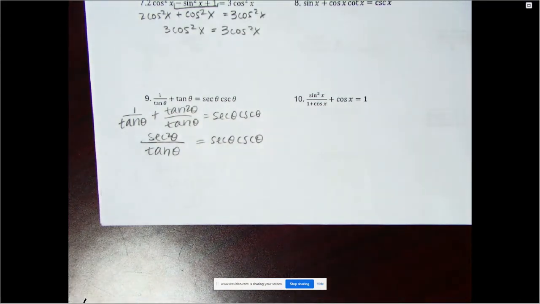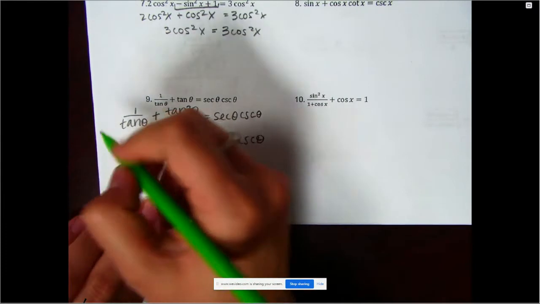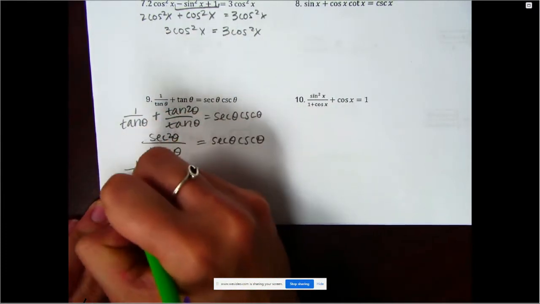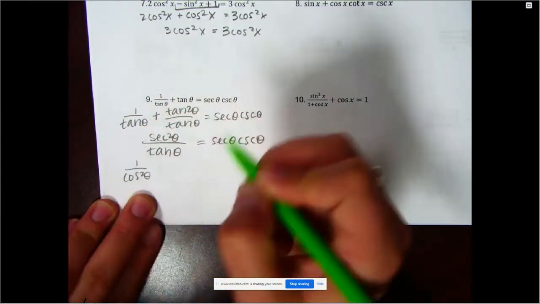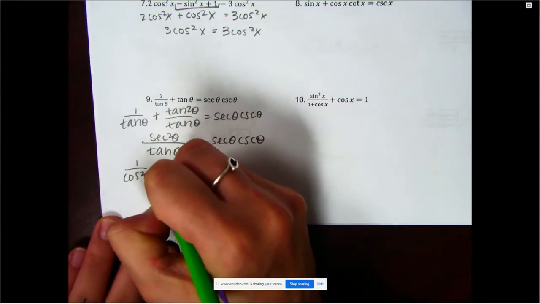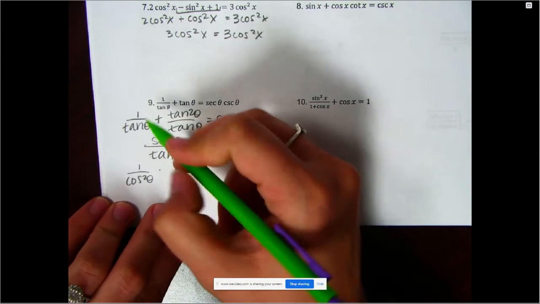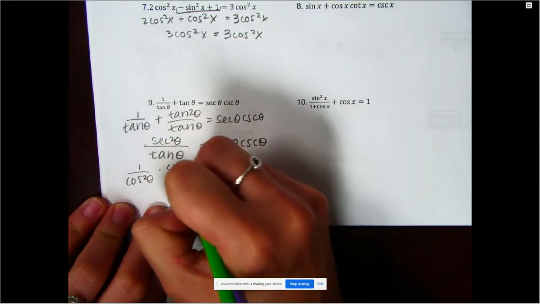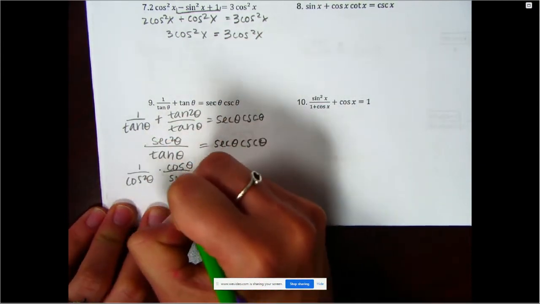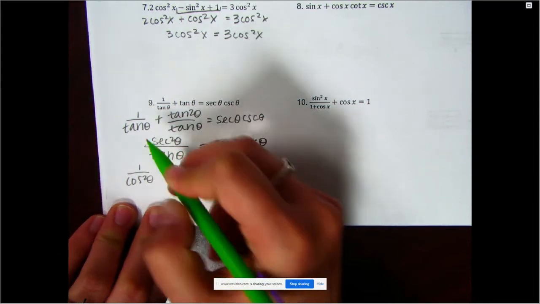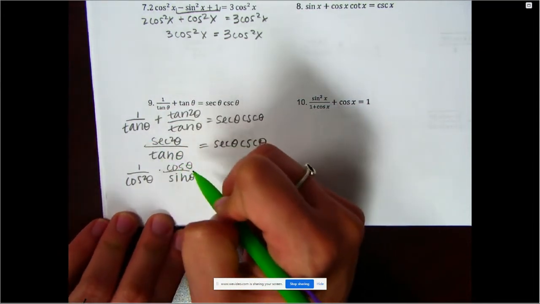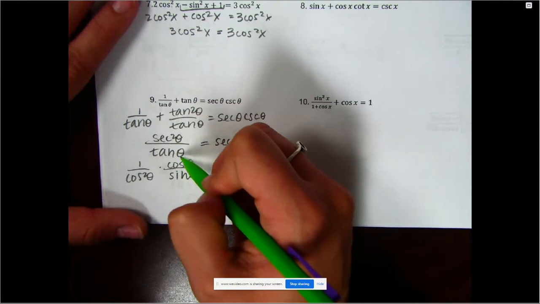Okay, so I'm chilling here. I'm going to separate my fraction. I know secant squared is 1 over cosine squared. And then 1 over tangent is cotangent, which is cosine over sine. So don't forget here, tangent is in the denominator, so it can't be sine over cosine, it's cotangent.